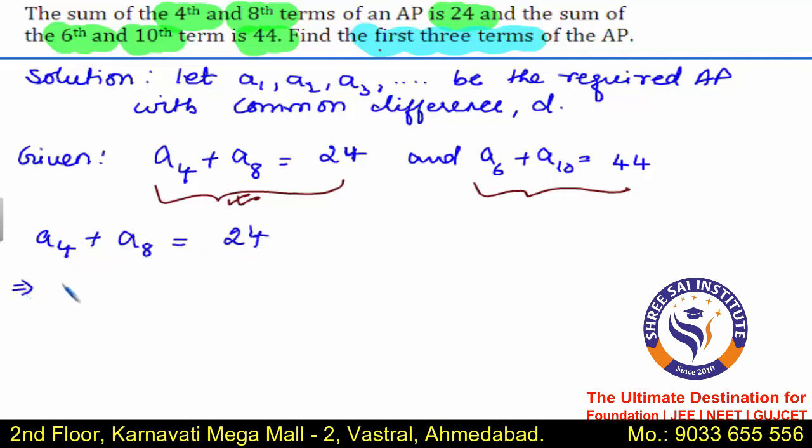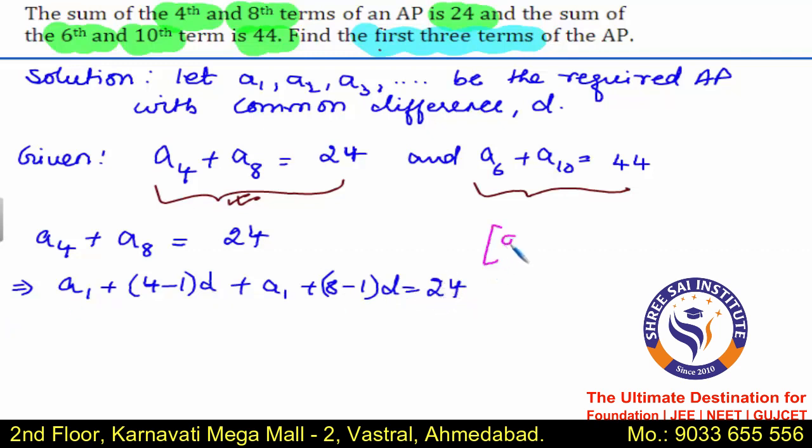This implies that A1 plus 4 minus 1 into D plus A1 plus 8 minus 1 into D is equal to 24, since the nth term of an AP is given by A1 plus n minus 1 into D, where A1 is the first term and D is the common difference.